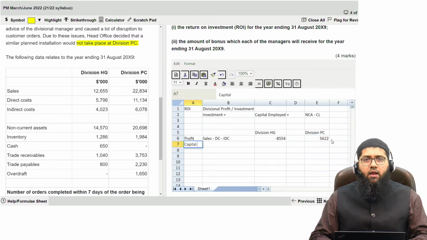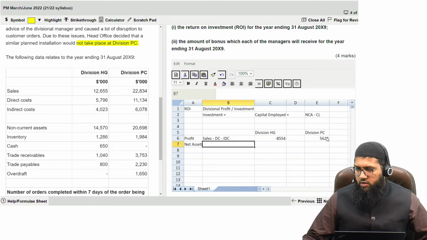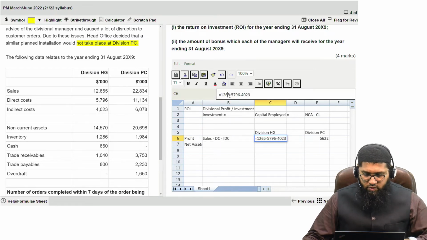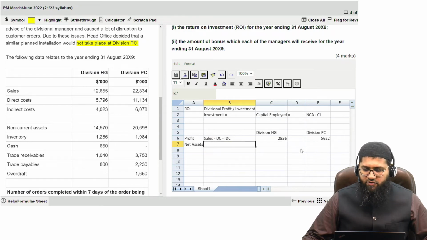The capital, or you could rather say net assets. Okay, I've made a mistake. Is it right now?